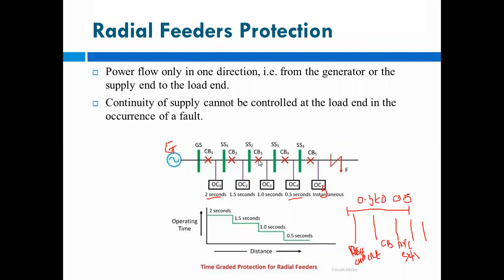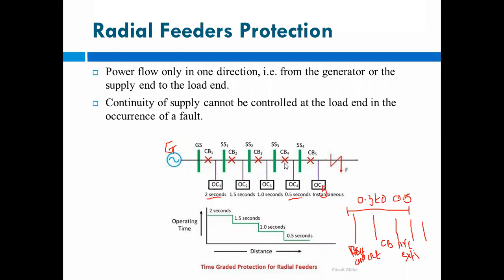And if that relay operates, then what happens here? From the generating station to SS2, the supply will be continued. But after this section, between SS3 and SS4, the supply will not be continued there.